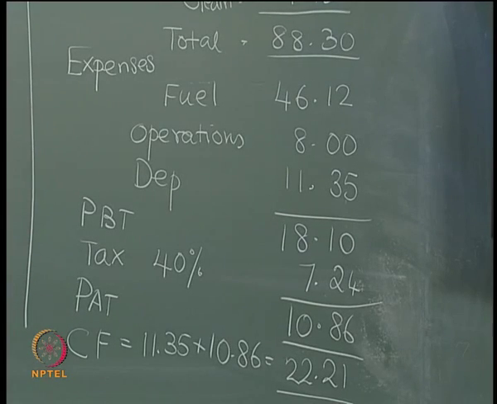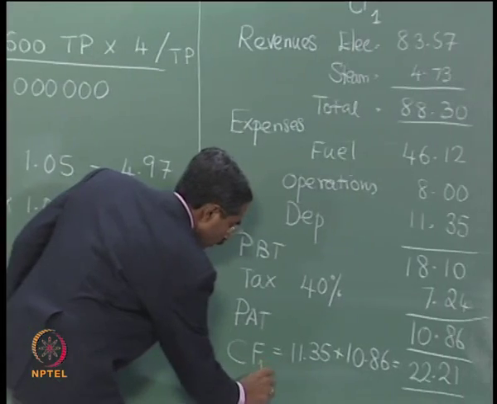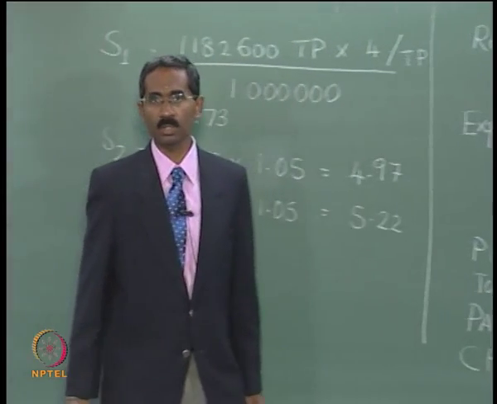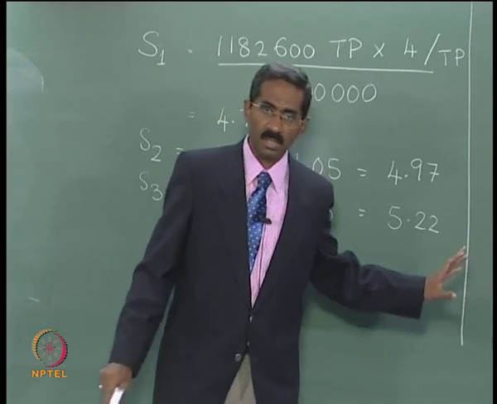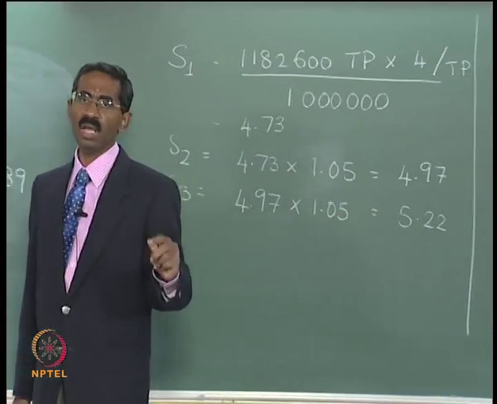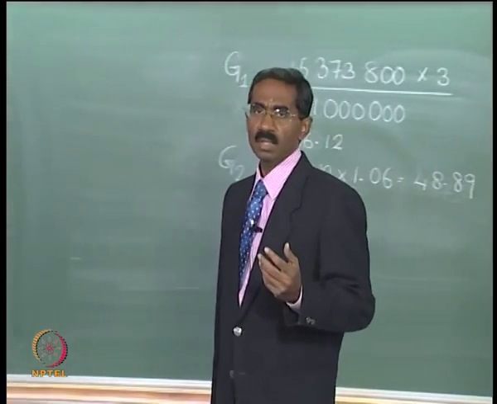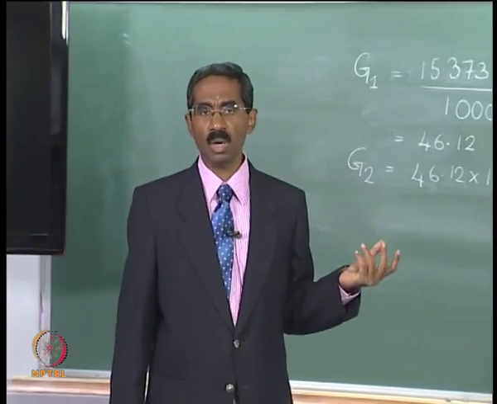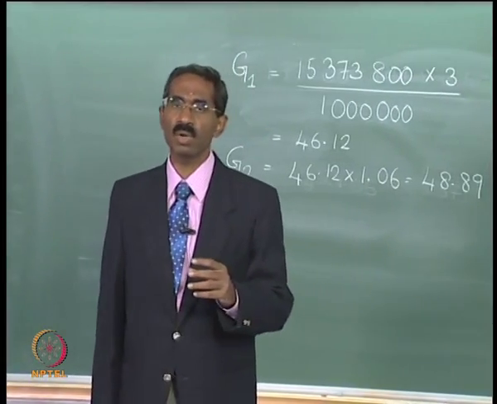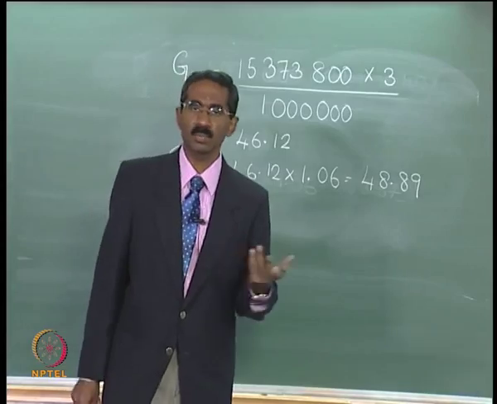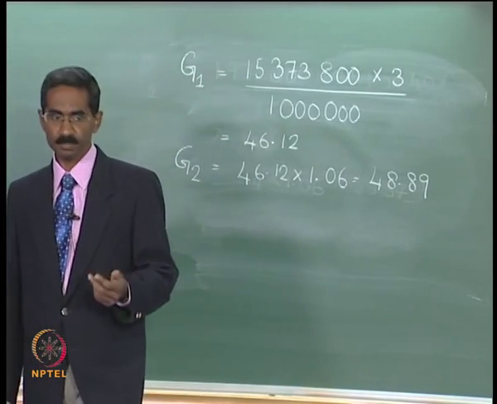Okay. So this is the cash flow in year 1, which is 22.21 million, and like we did for year 1, you will have to use the year wise revenues, year wise costs to determine the cash flows for all the years that the project is expected to operate.